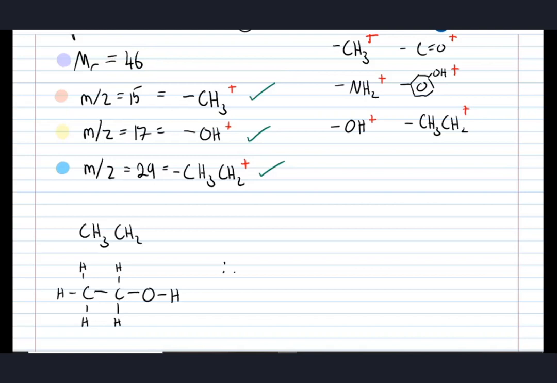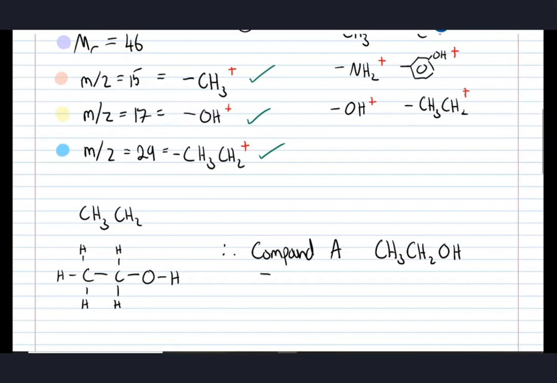So we can say that compound A has the formula CH3CH2OH, which is, as you will recognise, ethanol.